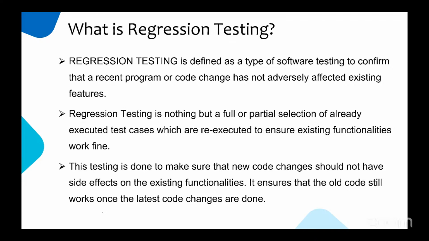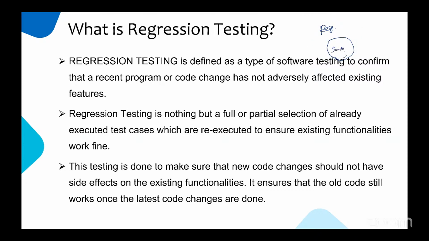See here, you have a circle; this is regression. Some development changes were made, and we have to make sure the requirements which were already working are not affected. A subset of that is sanity.